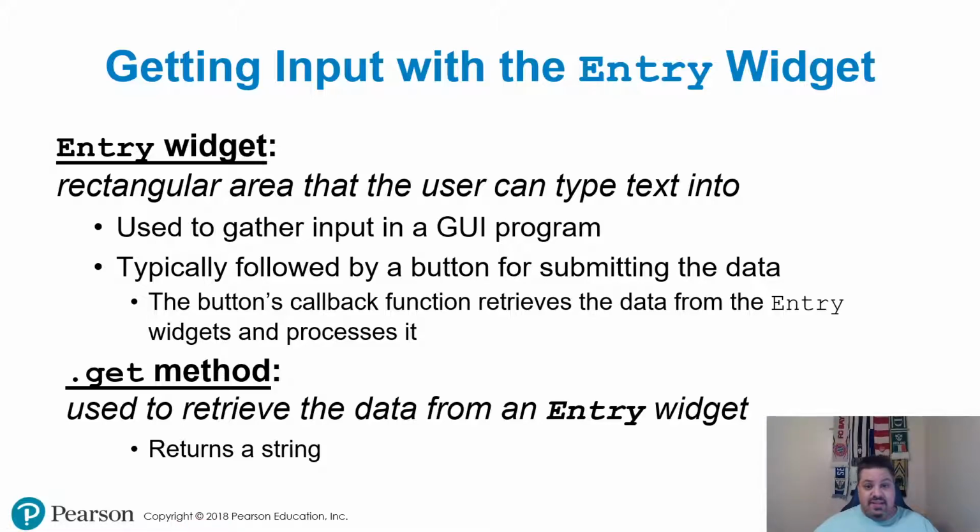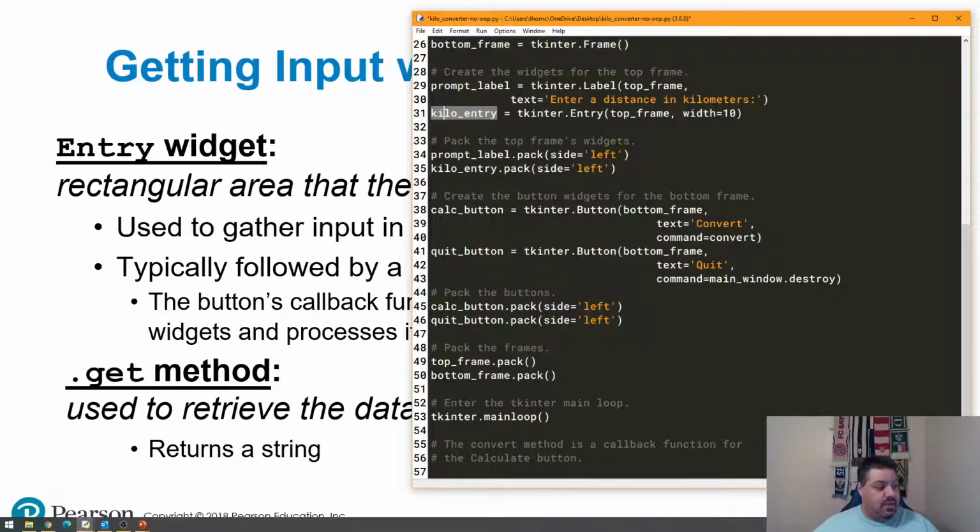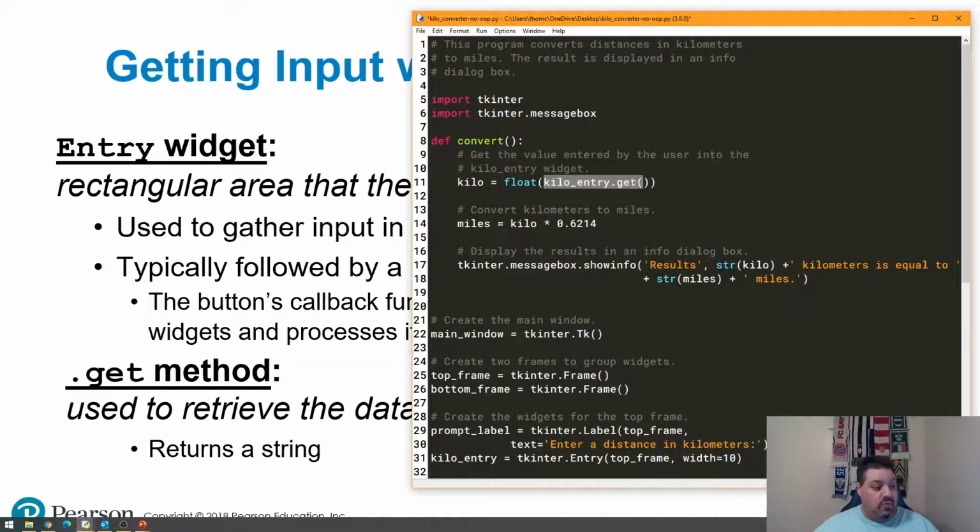So again, in this case, kilo entry dot get right here, and it is a function, so we are using the two parentheses here, and the only difference is we're casting it to a float. And again, like I said before, when we typed an input statement, when we were doing the command line interface and we asked a user for input, such as the amount of kilometers, the user would type in some number and press enter, and then we had to catch that, right?